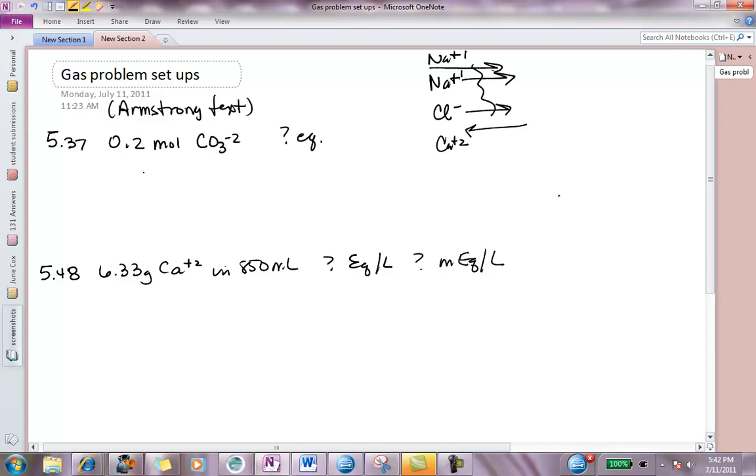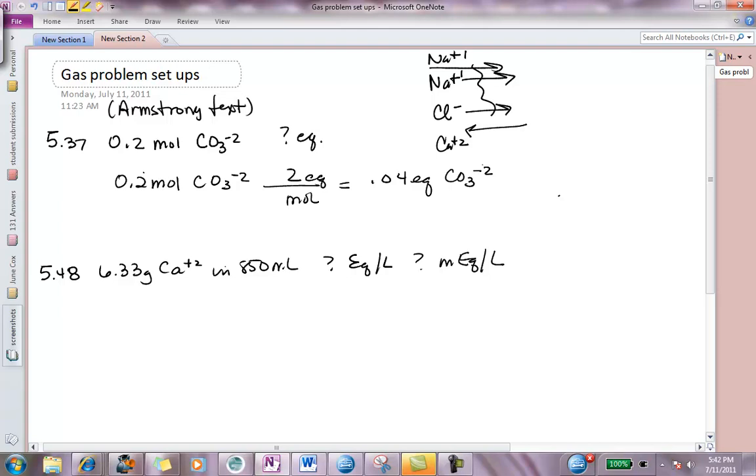Equivalents have to do with charge, so it's like the number of charges per ion. So if we had 0.02 moles of carbonate ion, there are 2 equivalents per mole, so we would have a total of 0.04 equivalents of the carbonate ion.